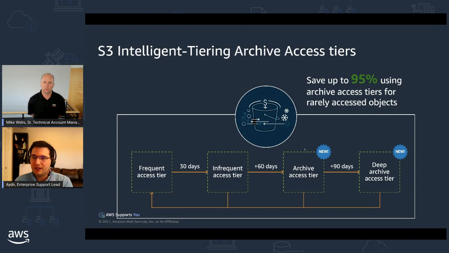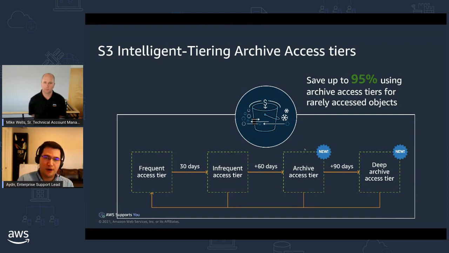We launched S3 Intelligent-Tiering, which is designed for customers who wanted to optimize storage costs automatically when data access patterns change, without performance impact or operational overhead. So this was a huge help to customers that had a really diverse set, maybe thousands of buckets, where there wasn't a very defined pattern that they could see. Having that automated assistance was a big help.